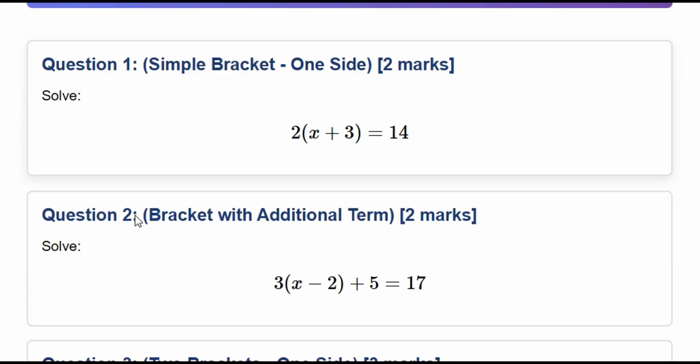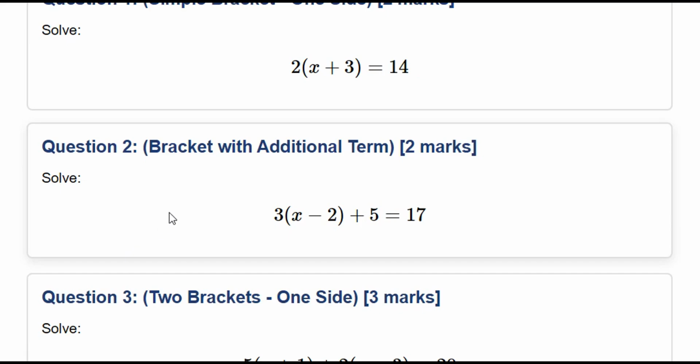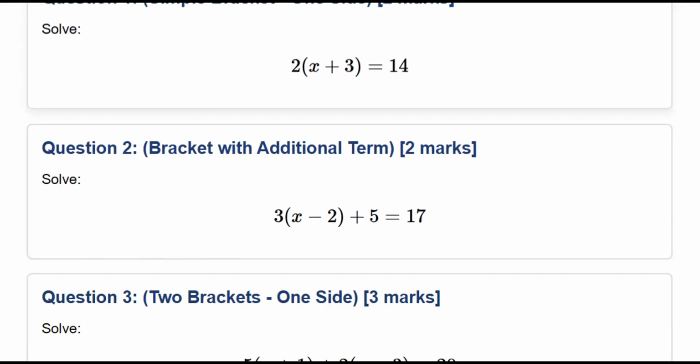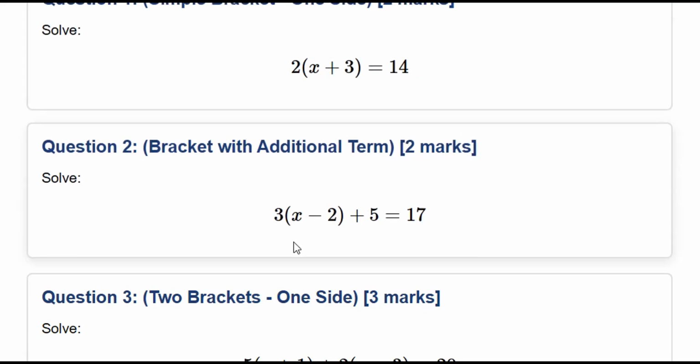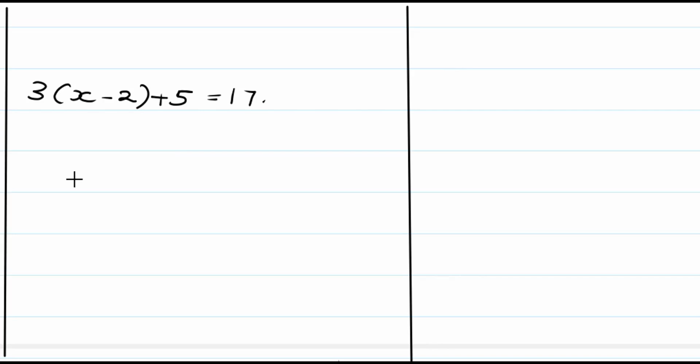So, can you try to solve question 2, which is a bit more complex. In question 2, you are told to solve 3(x - 2) + 5 = 17. Since we have brackets, the first thing to do is to open them. That means multiplying everything inside the brackets by the value outside the brackets, in this case 3.